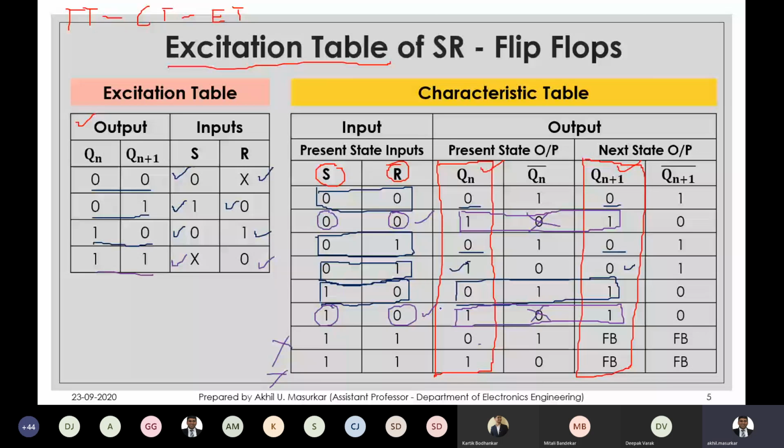But the moment you clock, the moment you give S and R as 1, 1, when the system is initially reset, you are not giving any input. So there is no question of forbidden condition. But the moment you give 1, 1, it will go into a race around condition. So that output is forbidden. The present state can have any output, that is either 0 or 1, because initially the system will be either set or reset.